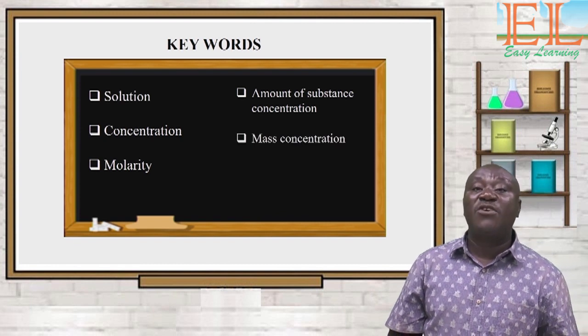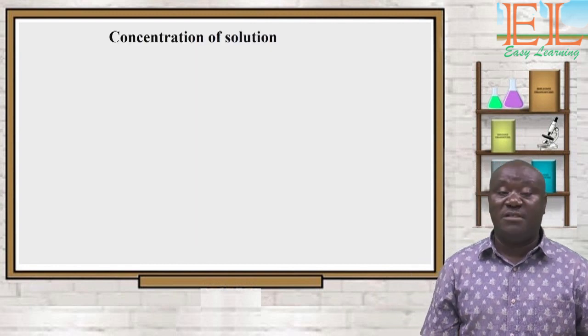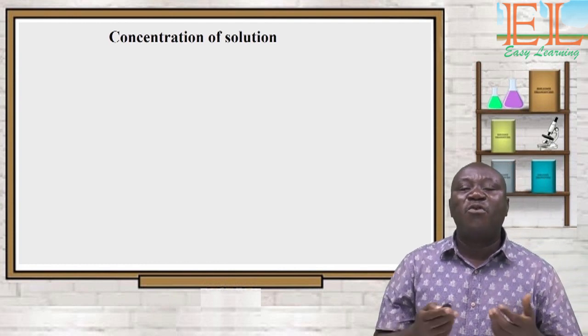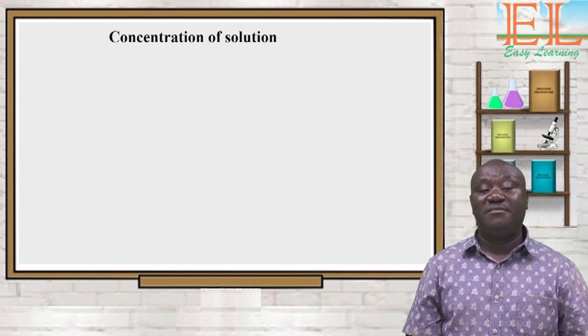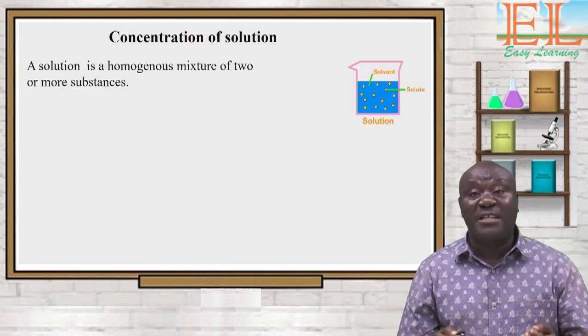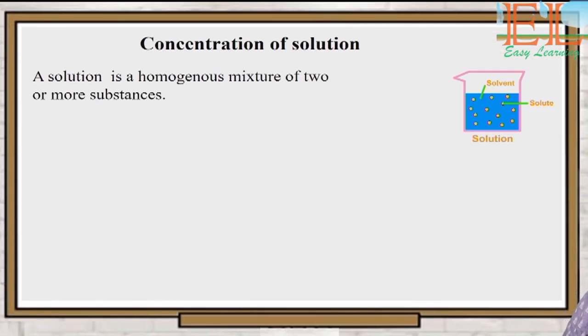Let's begin with concentration of a solution. Now, let me ask, what is a solution? A solution is a homogeneous mixture of two substances. When we say homogeneous, what do we mean by that?